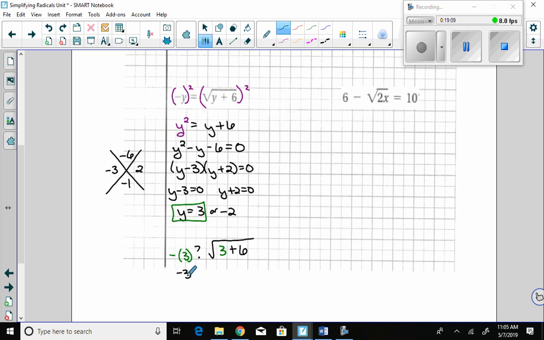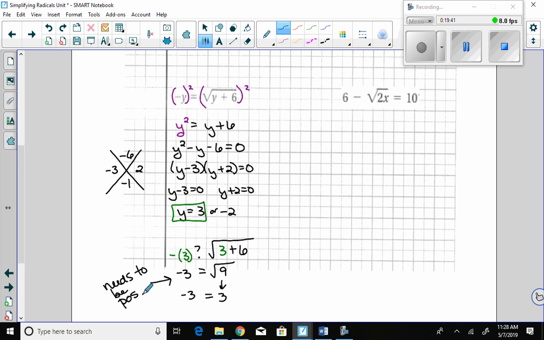Does that actually equal the square root of 9? Okay, this looks like it's equal. However, when we take the square root of 9, it becomes 3, and it does not equal negative 3. It needs to be positive. Even though we know there's a positive and negative 3, it needs to be the positive of it.